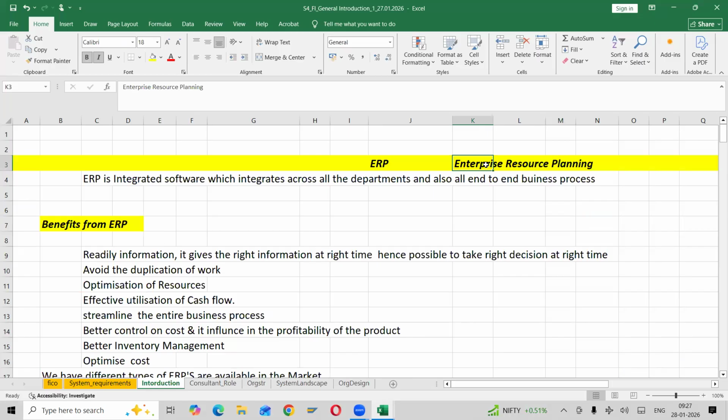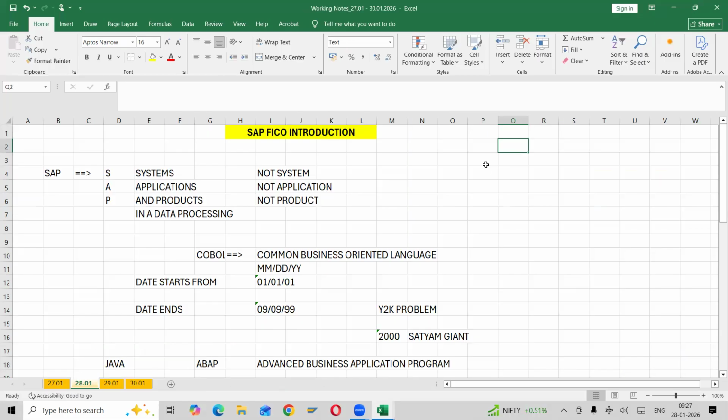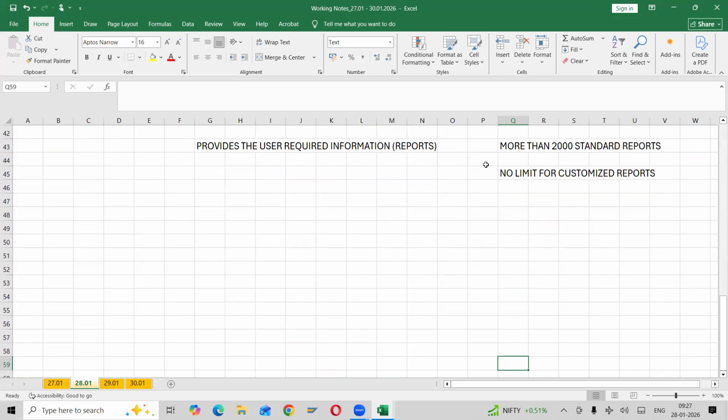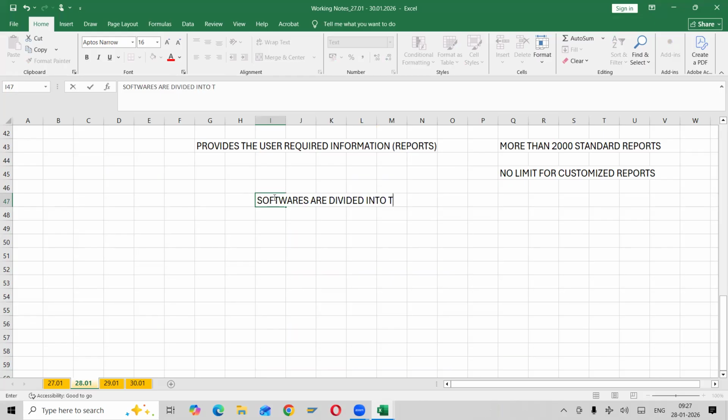Enterprise resource planning. Normally, whatever the software may be, softwares are divided into two types. What is the first one?